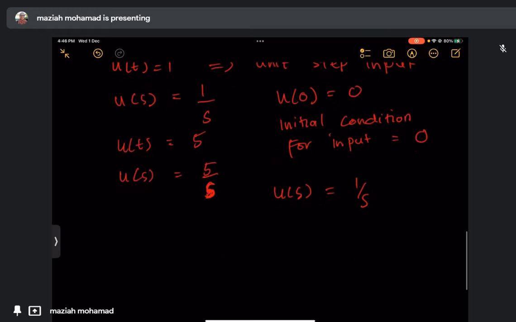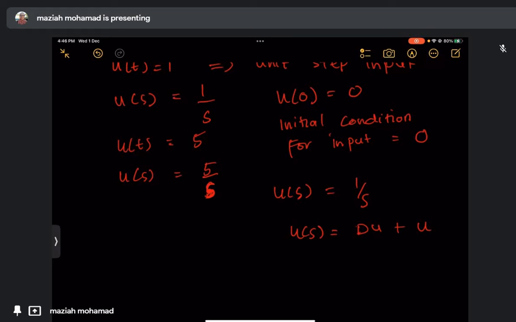Your input maybe has something like U(s) equal to something, maybe in terms of the output side, there is du plus u.